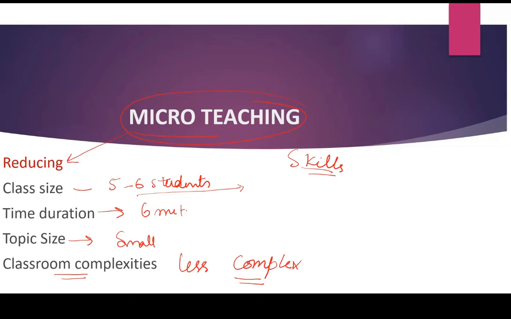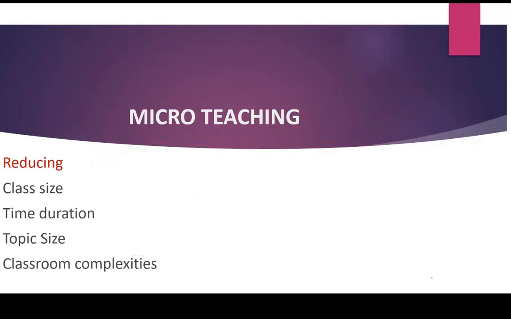It's reduced in terms of time duration, that means we have practice sessions of only 6 minutes, and there we teach small topics that cover only the skill, not the topic. So there is a less complex class in micro teaching.